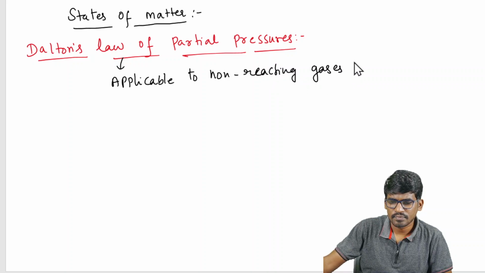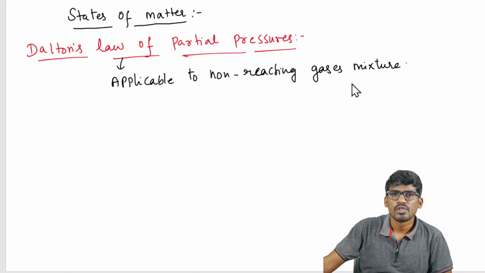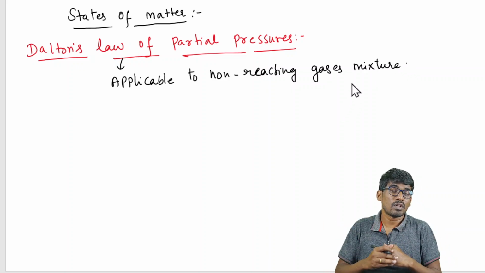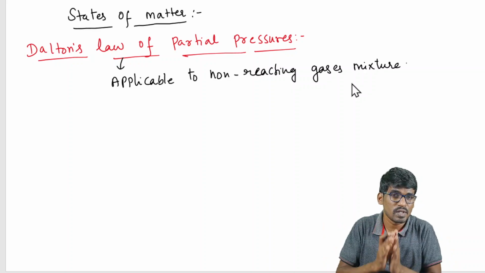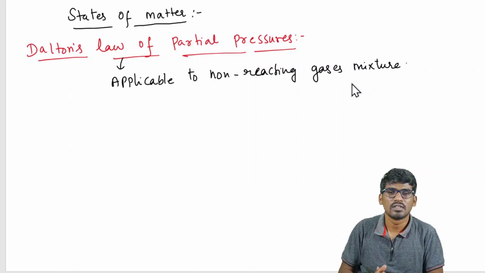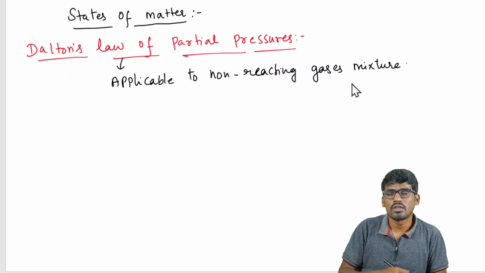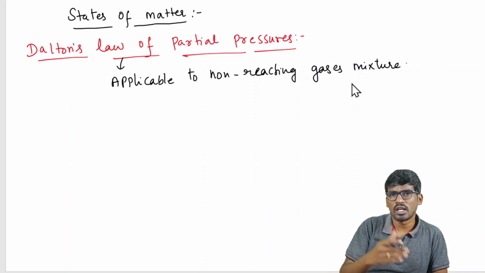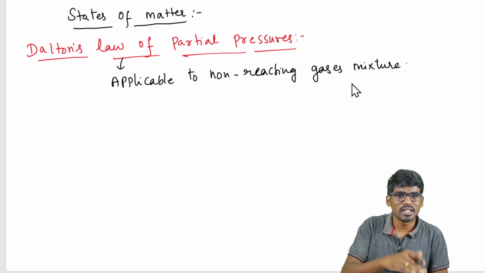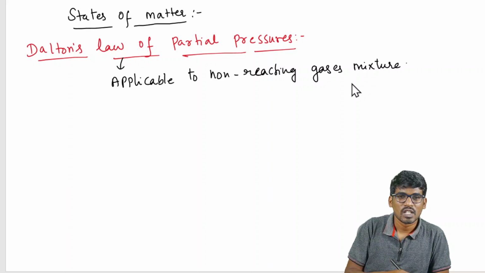If you take two or more non-reacting gases, only for that particular gaseous mixture is Dalton's law applicable. It is not applicable to reacting gaseous mixtures. For example, if you take NH3 and HCl, ammonia and hydrochloric acid, both will react to form ammonium chloride. In such cases, Dalton's law is not applicable.